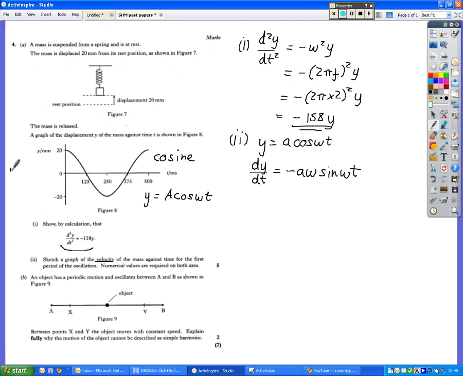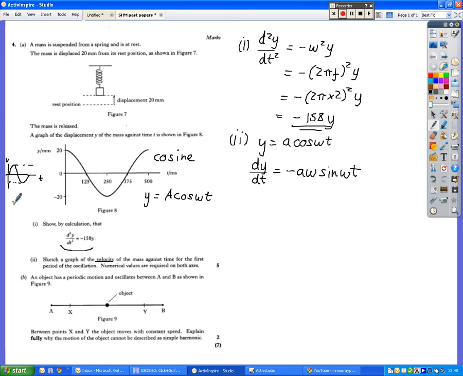If you plot your graph of velocity against time rather than displacement against time, it's going to be sinusoidal in shape. That's what the differentiation tells you, but you don't know what this maximum value is going to be, and that's going to be the same as this minimum value, because it's an oscillation.